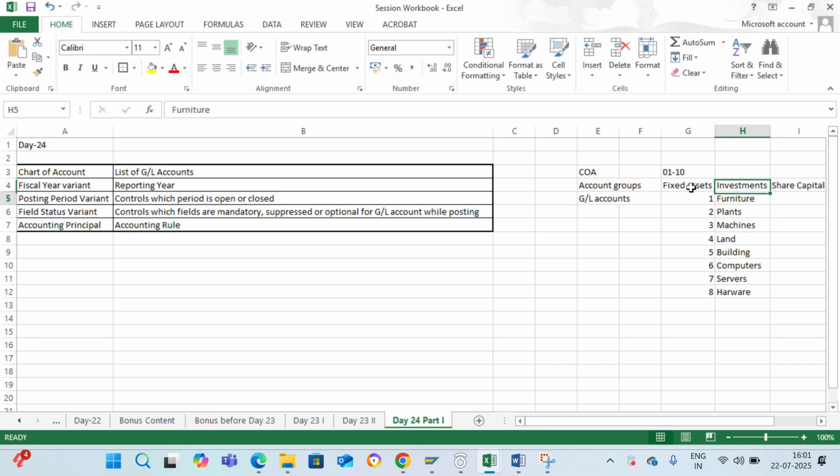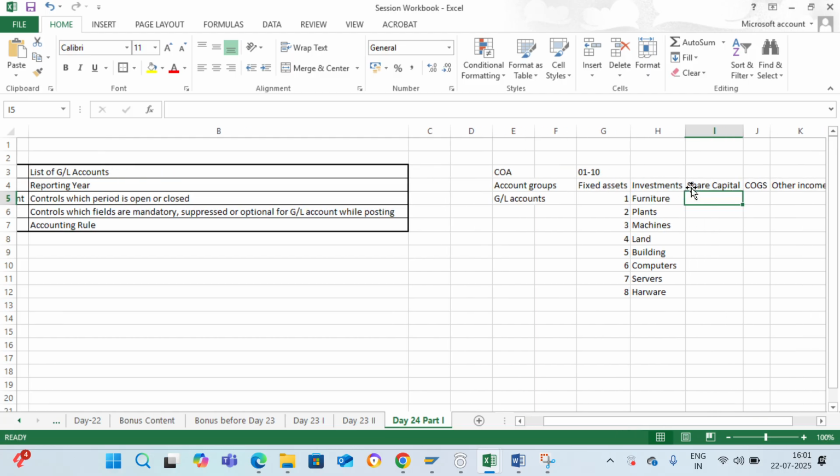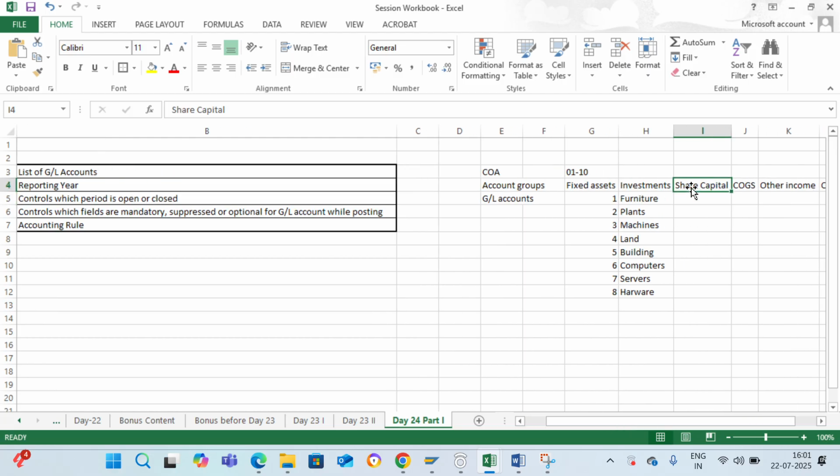Similarly, under investment we can have short term investment, long term investments, and multiple other GL accounts. Under share capital we can have preference share capital, equity share capital, and under other long term liabilities, short term liabilities. These are the different provisions, account groups that can be created under which we can create different GL accounts.